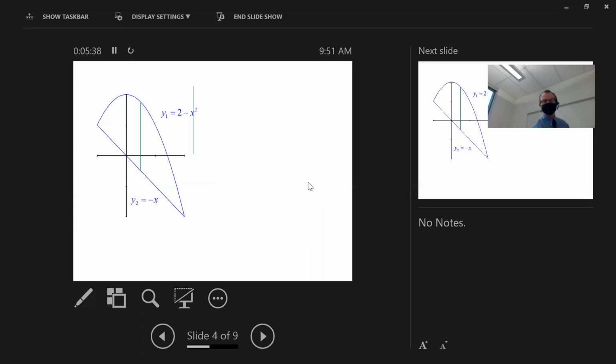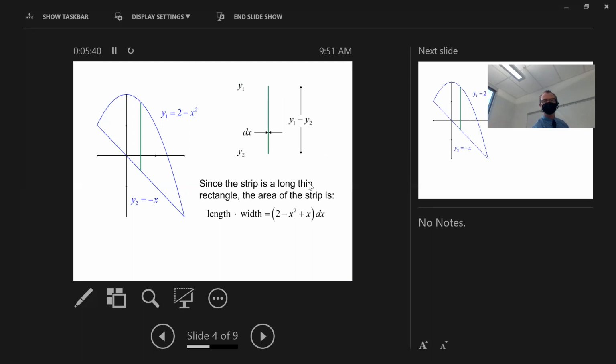And what are we going to do with it? We're going to multiply it by how wide it is. So it is this tall. They use length. I'm saying height. 2 take away x squared plus x, because you subtracted a negative. This strip is that tall, and it's dx wide.